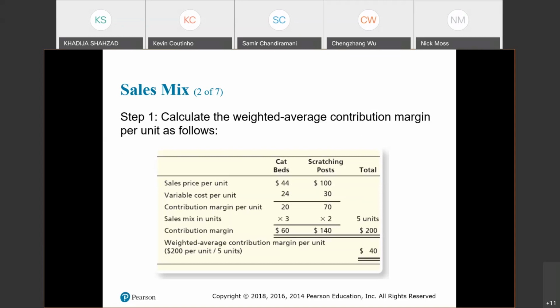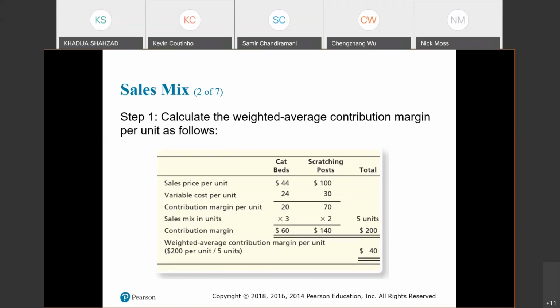The sales mix of 6,000 beds and 4,000 posts creates a ratio of 6 to 4, or 3 to 2. So, in other words, for every 3 cat beds sold, the company expects to sell 2 scratching posts.